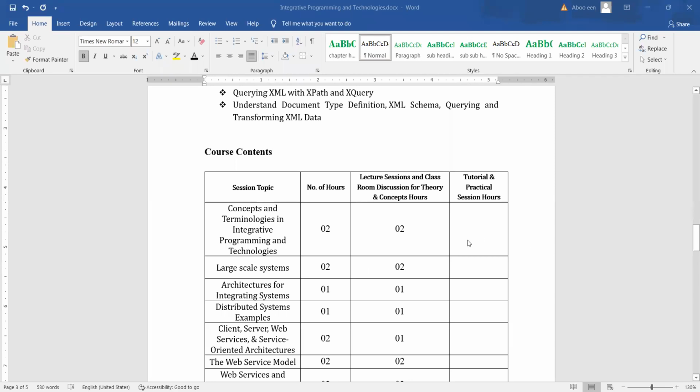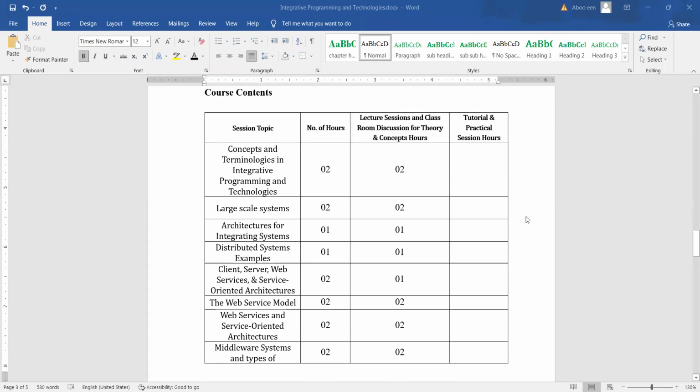For the course content, we are going to cover a number of sessions for this module. The session topics are concepts and terminologies in integrative programming technologies, which I will cover for 2 hours. After that, we will discuss large scale systems.